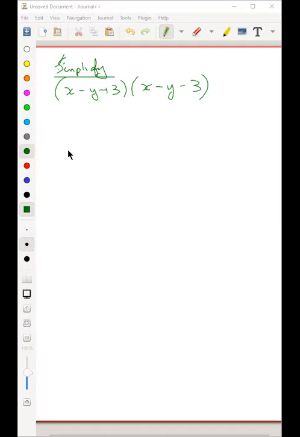Think about this. Do we know how to multiply a trinomial with a trinomial? No, we haven't done that, right? So there has to be something else. We haven't done trinomial into trinomial.